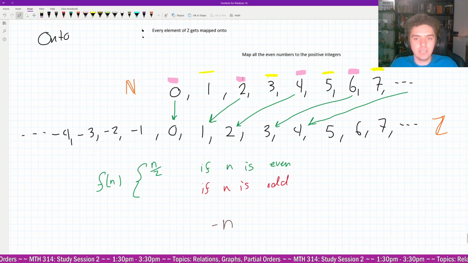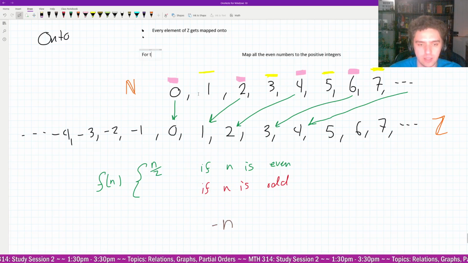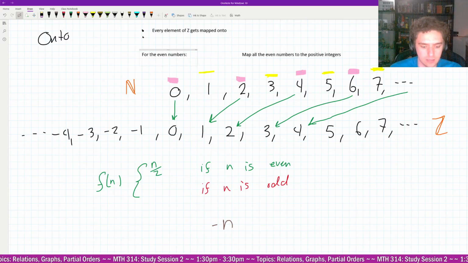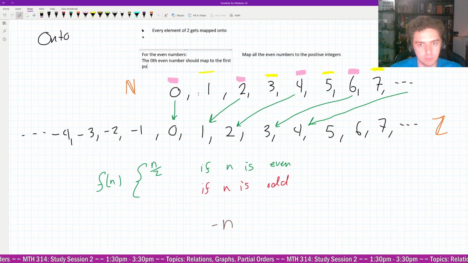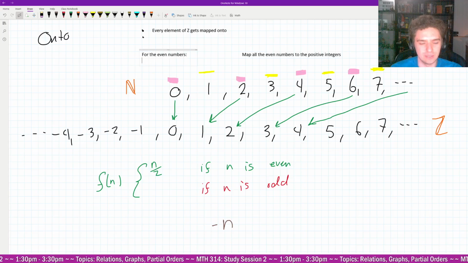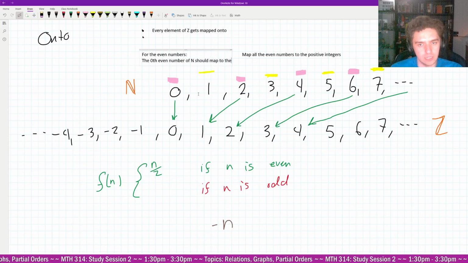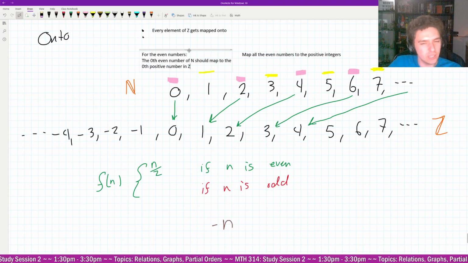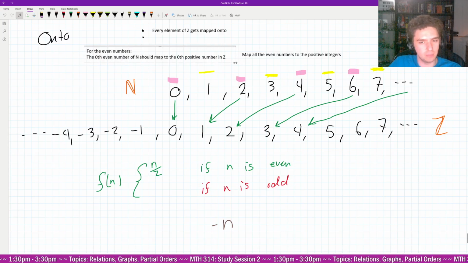So just like for the even numbers, let me repeat what I did for the even numbers. The 0th even number of N should map to the 0th positive number in Z. I use the 0th here on purpose because 0 itself is not a positive number.